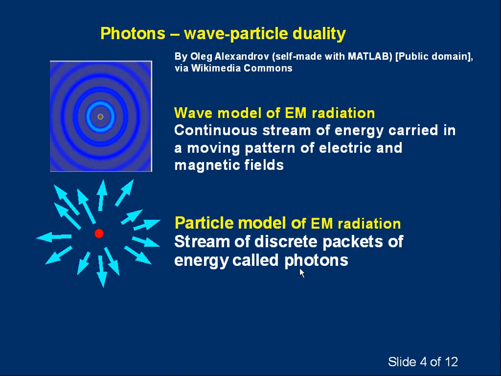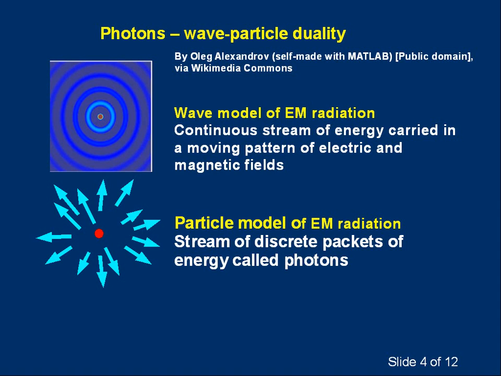Let's draw a diagram to try and represent that. So instead of thinking of our radio transmitter sending out waves, we can think of it firing out billions upon billions of tiny particles of energy each second. Many photons being produced and emitted each second. Each photon separate from all the other photons. Not wave-like at all.